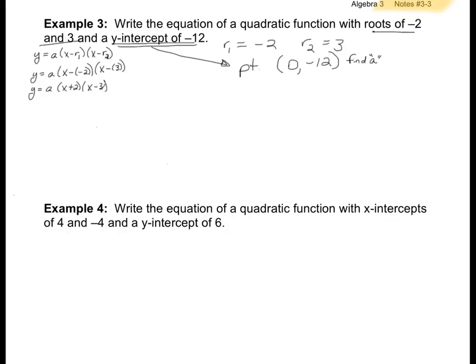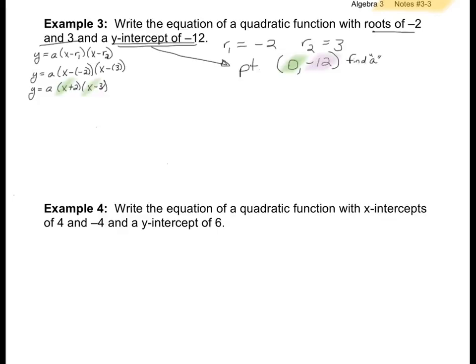Now we're going to replace some things to find a. We're going to take our x and replace that x here and here with this x from our point over here. And we're going to replace our y value with this negative 12.